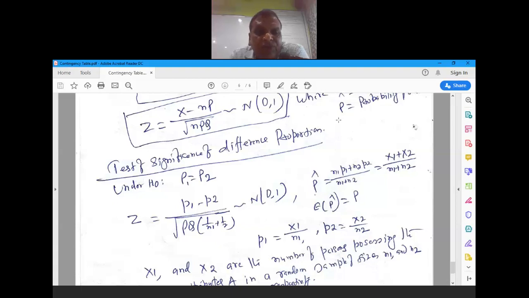For this hypothesis, we apply Z equals P1 minus P2, whole divided by the square root of PQ into the bracket 1 upon N1 plus 1 upon N2. This follows a standard normal variate with mean 0 and variance 1.